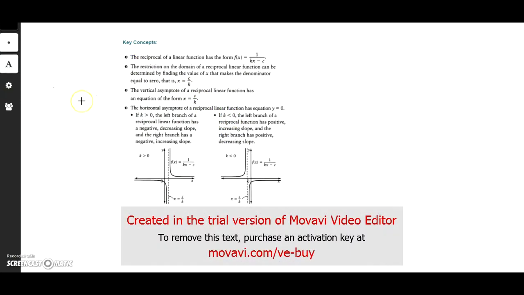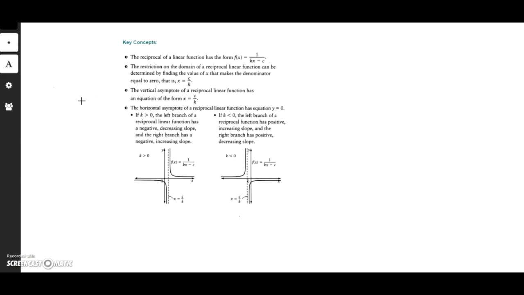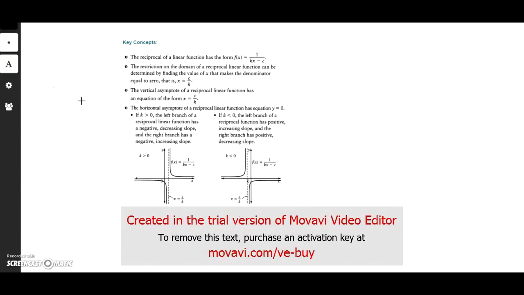And using the reciprocal of a linear function or any function, linear or quadratic, we can demonstrate a real-life example, as in there is a lot of pollution going on in our city, in our country. We can track the pollution and even track how many days or how much money is required in order to clean it.